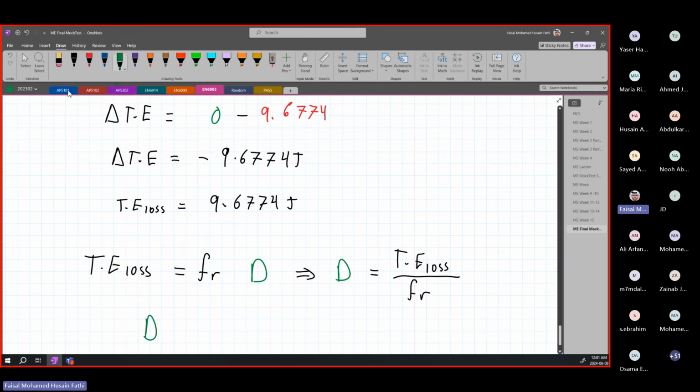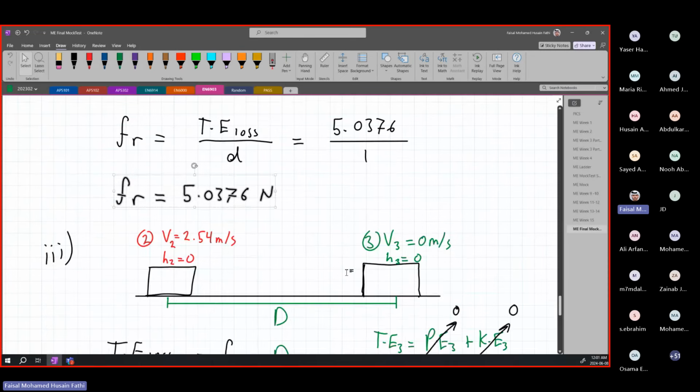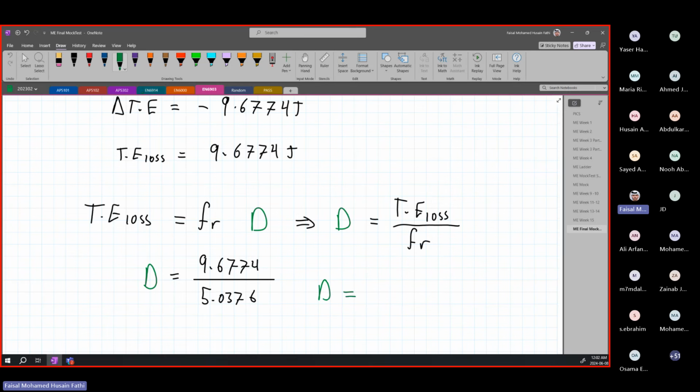So D is equal to 9.6774 over the friction value that we have found, which is 5.0376. Therefore, our distance is equal to 1.921 meters.